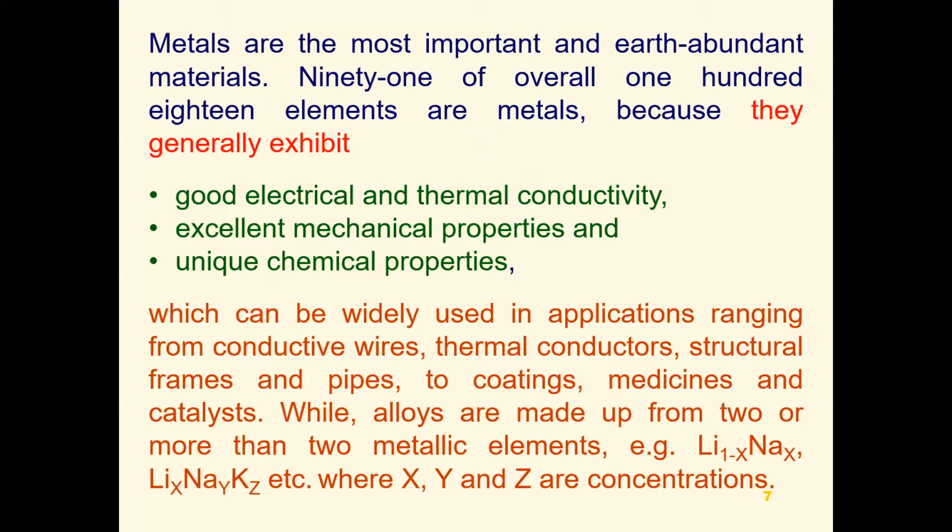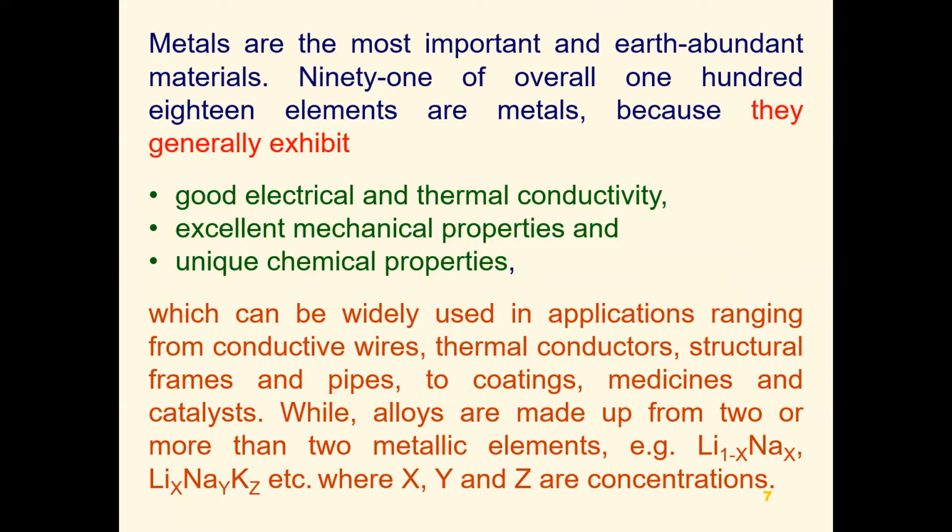In the periodic table, we can see that 91 of the 118 elements are metallic in nature, because they generally exhibit good electrical and thermal conductivity, excellent mechanical properties, and unique chemical properties, etc. They can be widely used in applications ranging from conducting wires and thermal conductors, structural frames, and pipes to coatings, medicine, and catalysts.